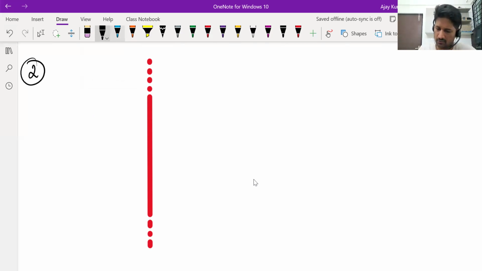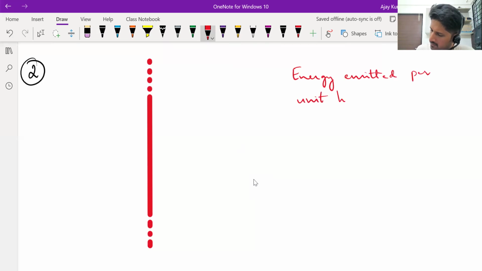But what we can write for such a source is the energy emitted per unit time per unit length. Let's call it U itself. Energy per unit time per unit length is U.